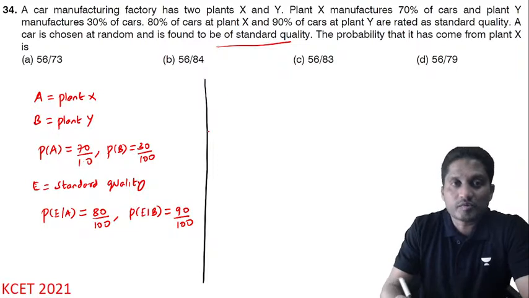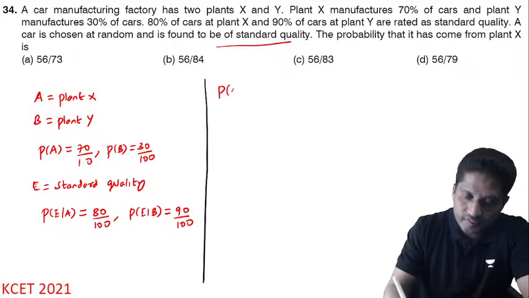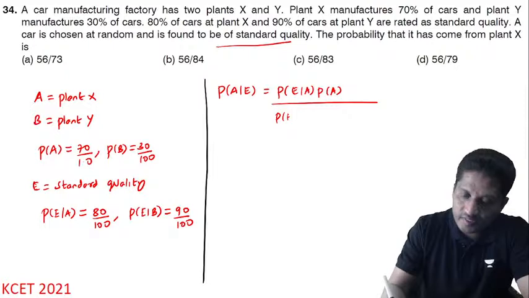The probability it comes from plant X is probability of A given E is equal to probability of E given A into P of A divided by P of E given A into P of A plus P of E given B into P of B.